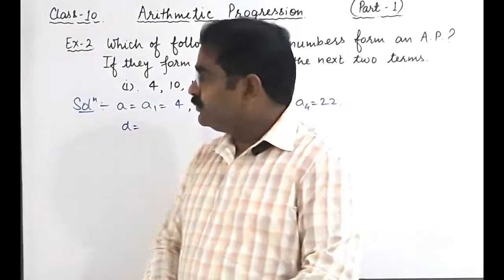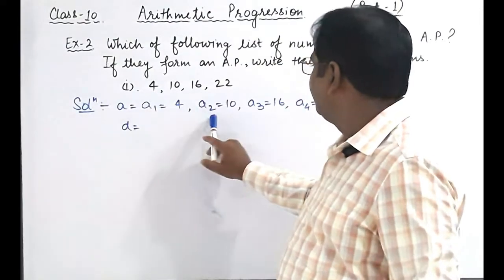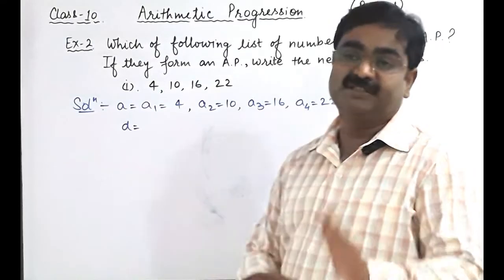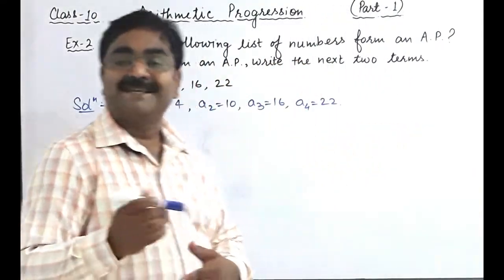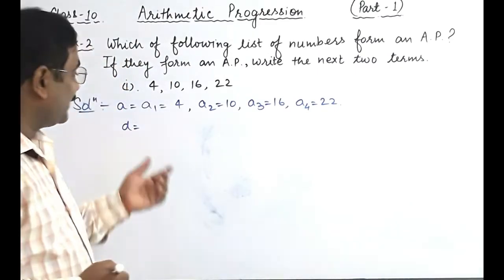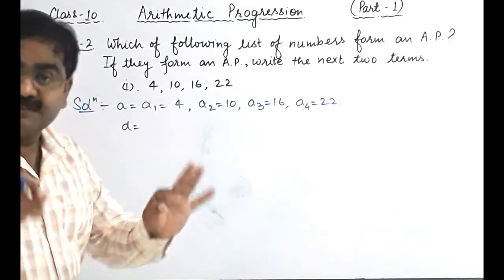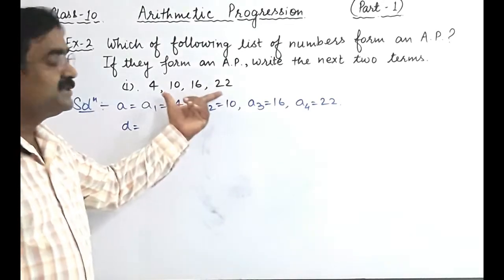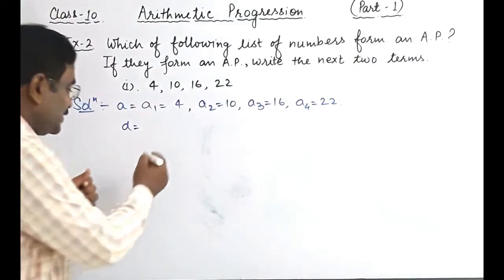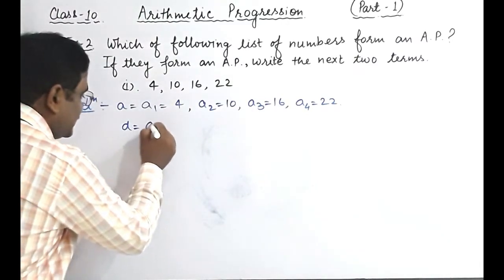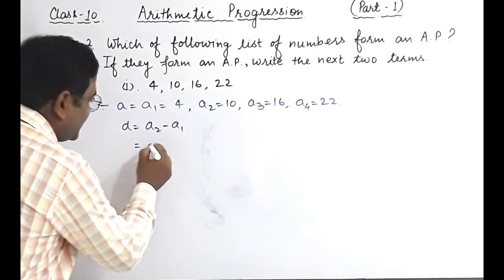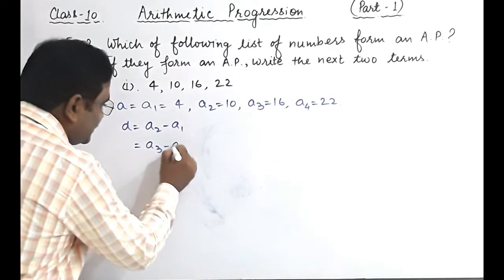Okay friends, so the first term is 4, the second term is 10, the third term is 16, the fourth term is 22 in this series. First of all, we are going to decide whether this is an arithmetic progression or not. To decide this, we find the common difference. Understood? As you know, the common difference can be written as a2 minus a1, or a3 minus a2.